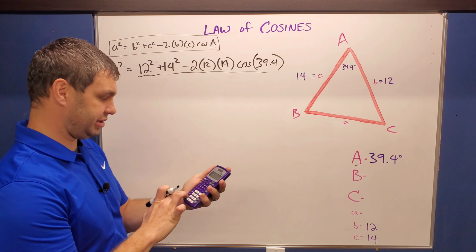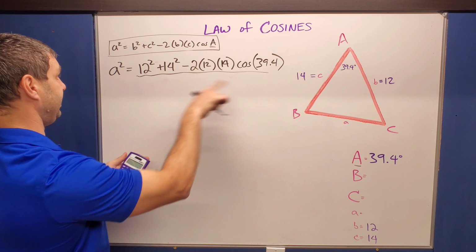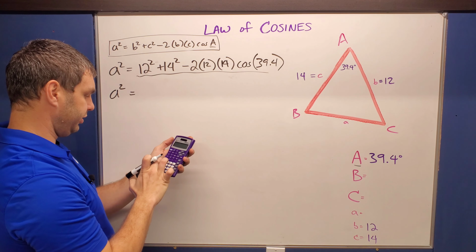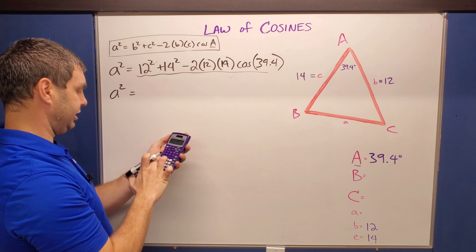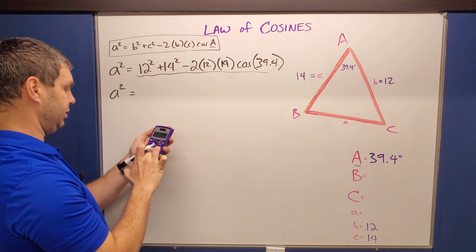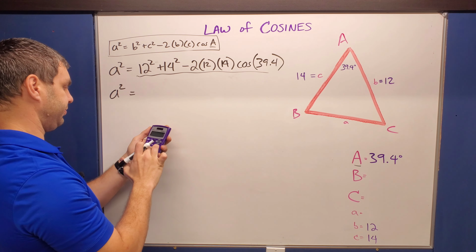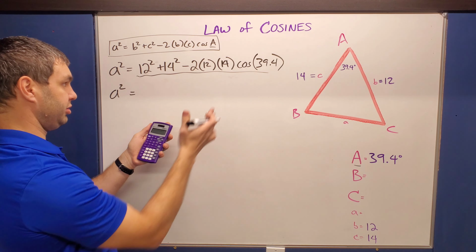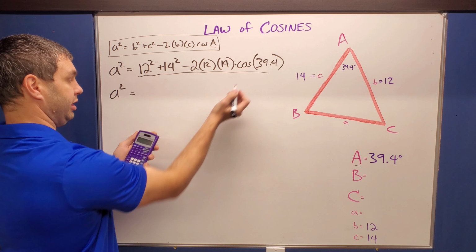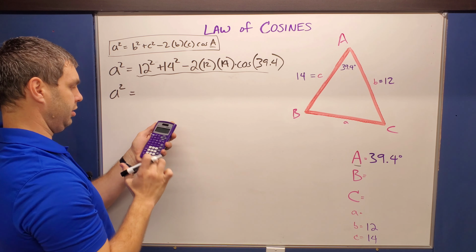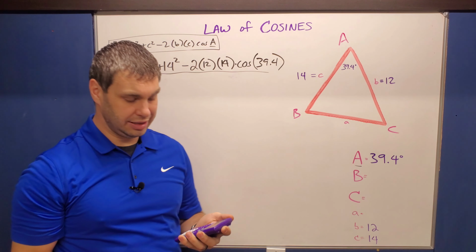So it's going to be a squared equals 12 squared plus 14 squared minus 2 parentheses 12 parentheses 14 cosine. This is being multiplied, so just cosine right next to the 14 before it. Cosine of 39.4. Close those parentheses and hit enter.